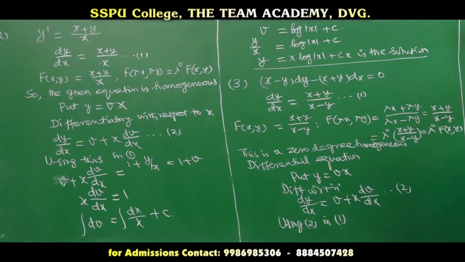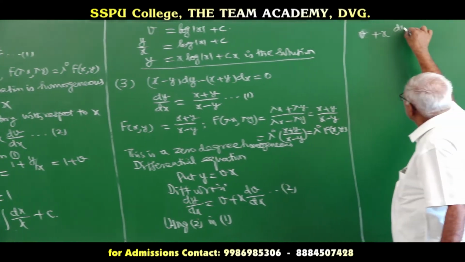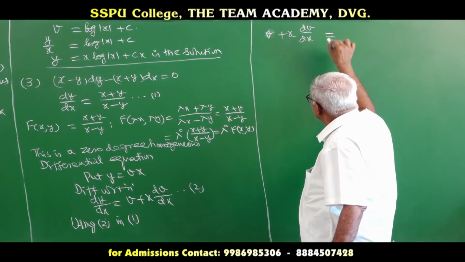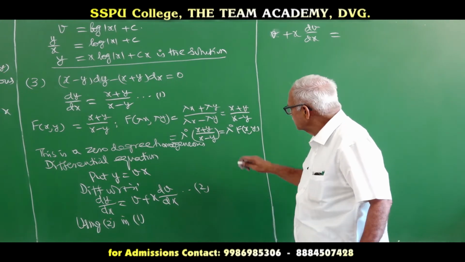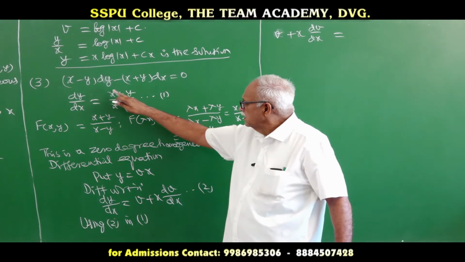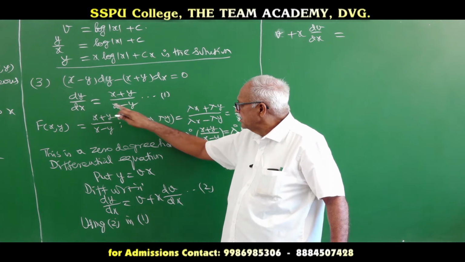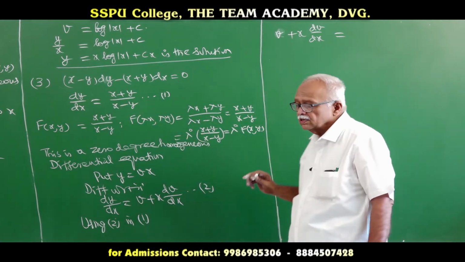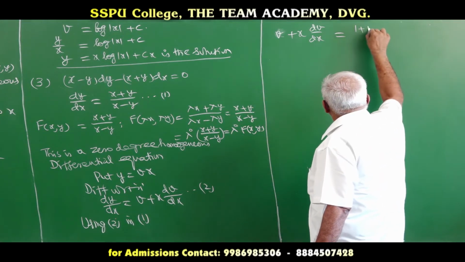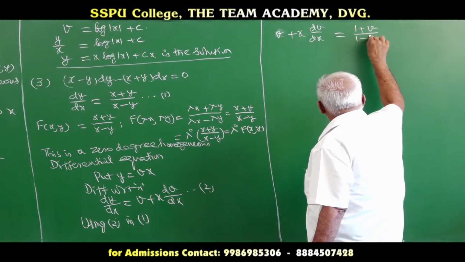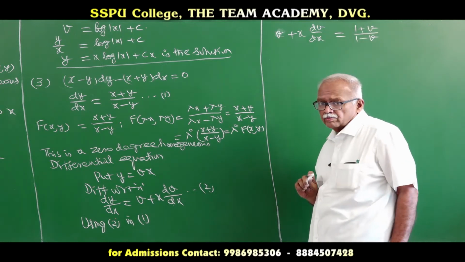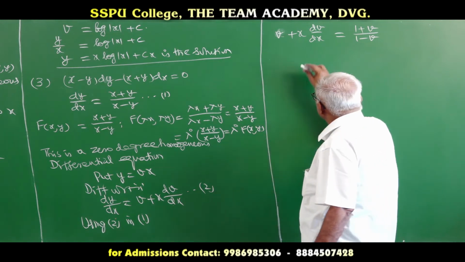v plus x into dv by dx is equal to, here you can see, if you divide by x, 1 plus y by x by 1 minus y by x. So, what is the value? y by x is v, so 1 plus v by 1 minus v.